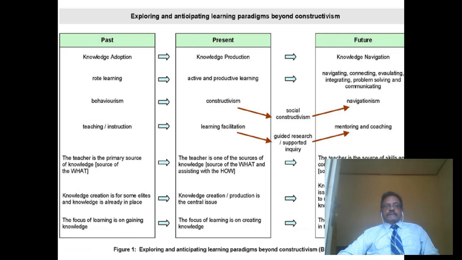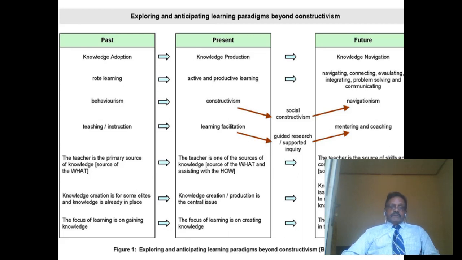Here you see exploring and anticipating learning paradigms beyond constructivism. Of course, this slide will help you see how we move from teaching to learning. So the role of the teacher changes in what way?